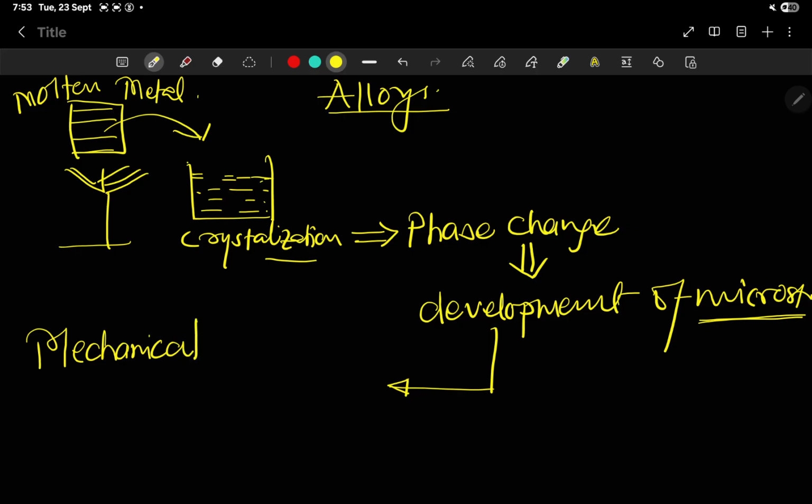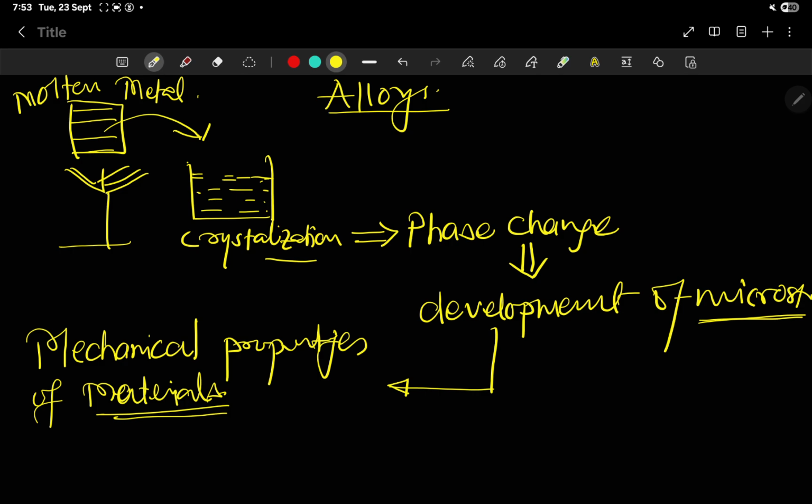We can engineer the mechanical properties of metals. We can tune the material properties of materials.